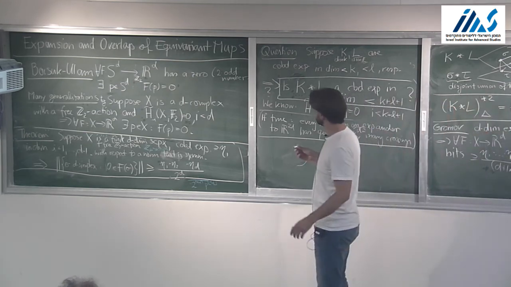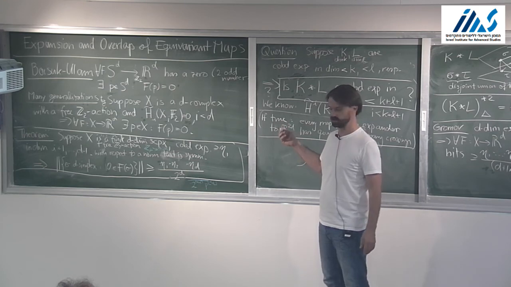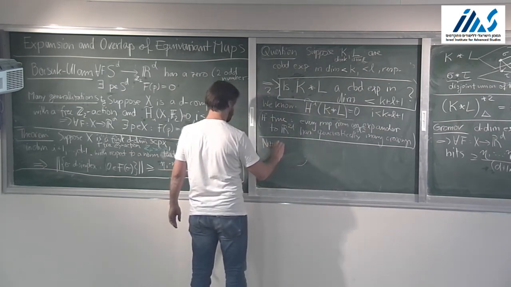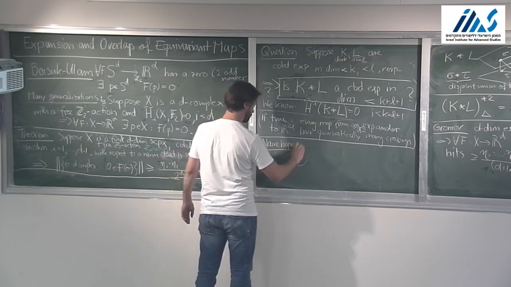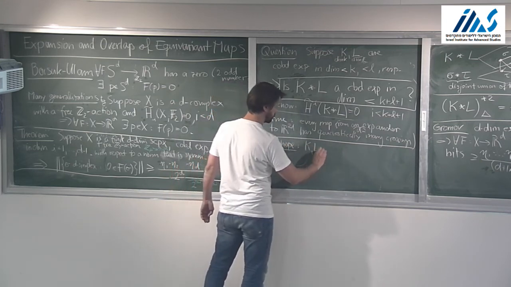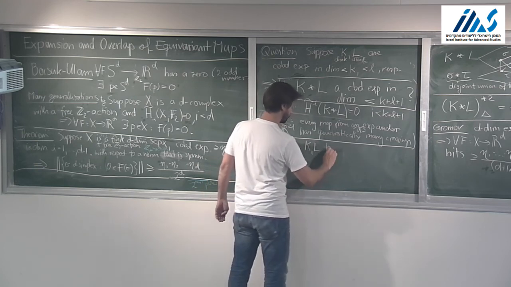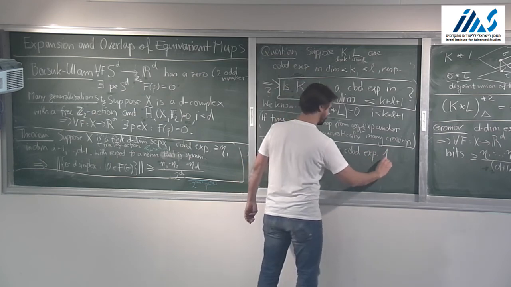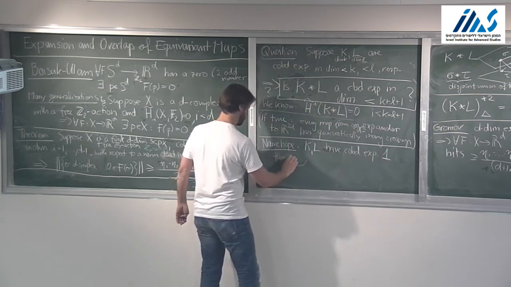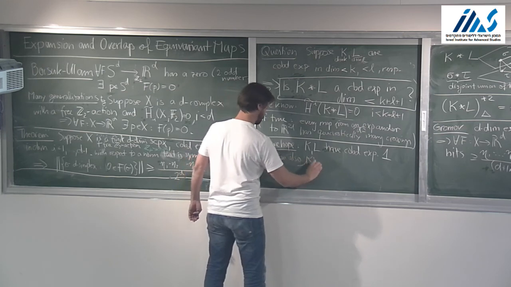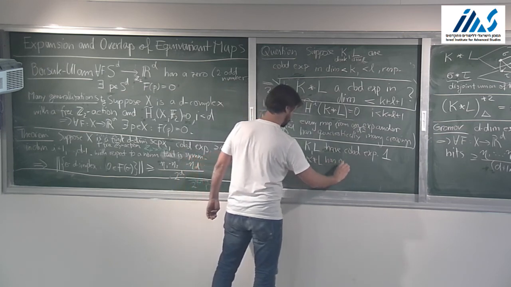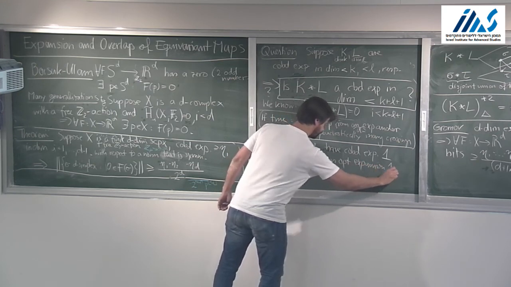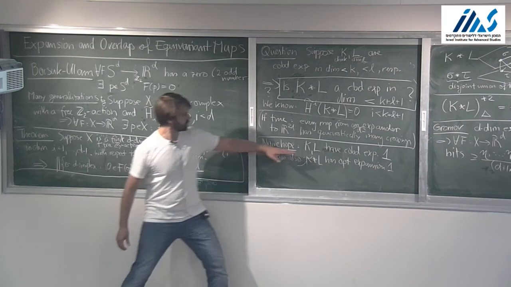Okay, let me just mention there was a naive hope that started me on this question. The initial naive hope was that if K and L are optimal expanders, so what do I mean by optimal expansion?